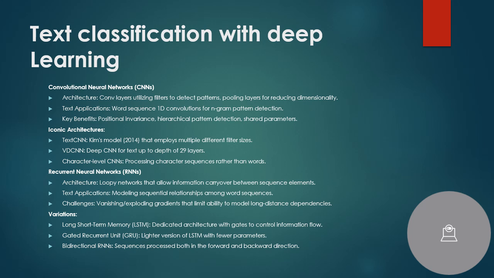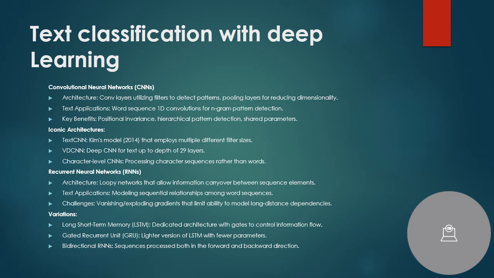If we count the benefits, CNNs offer positional invariance, detecting patterns regardless of their positions, hierarchical pattern detection, and parameter sharing. Coming to the iconic architectures, TextCNN uses multiple filter sizes to capture different n-gram lengths.